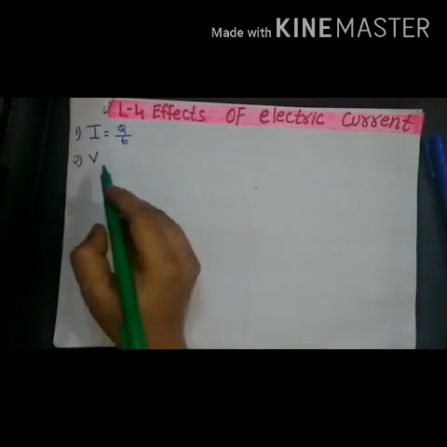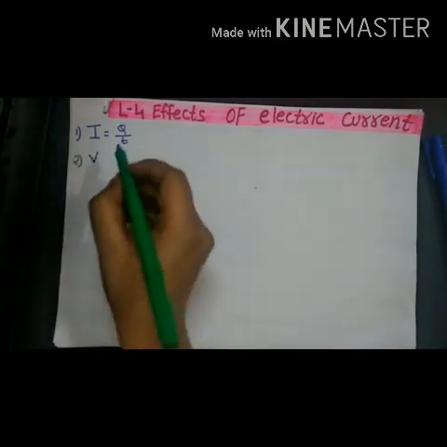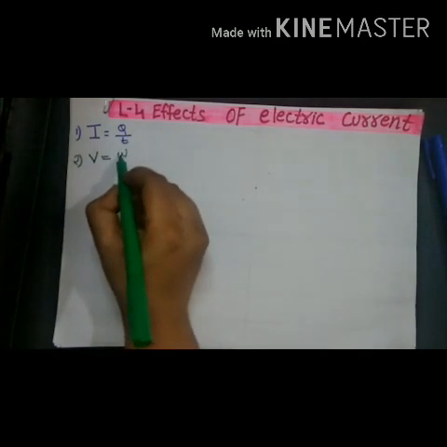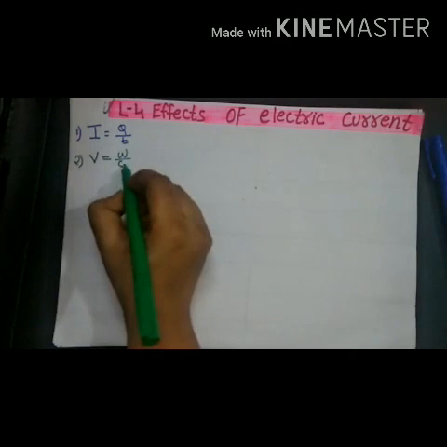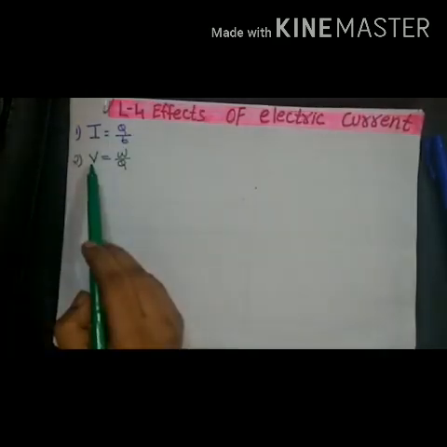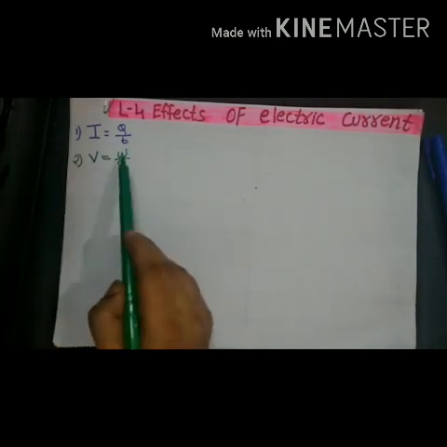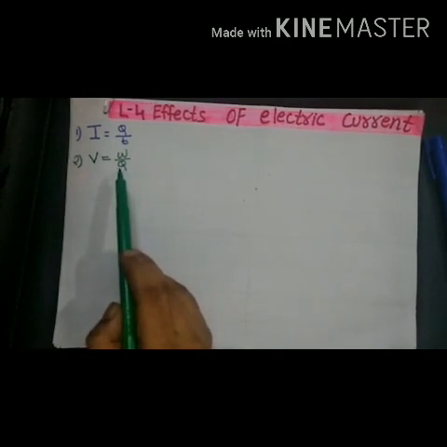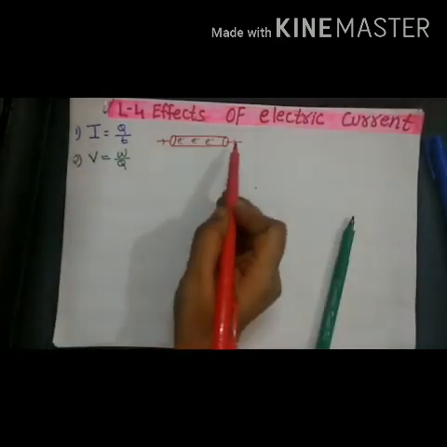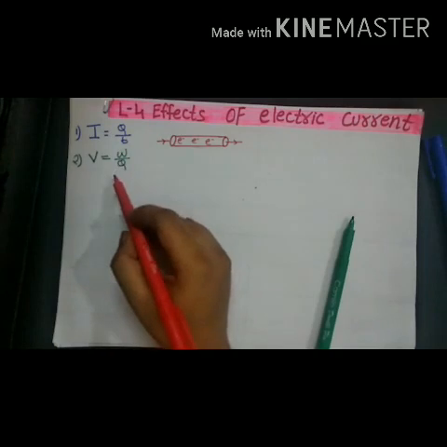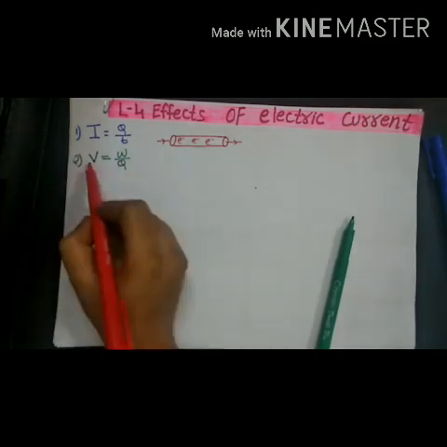Potential difference is denoted by the alphabet V. Potential difference is equal to the amount of work done upon charge transfer, V equals W upon Q. V means potential difference, W means work done and Q means charge transfer. If electron moves in the conductor, that means work is done. And if work is done, how much charge is carried, that will be the potential difference.